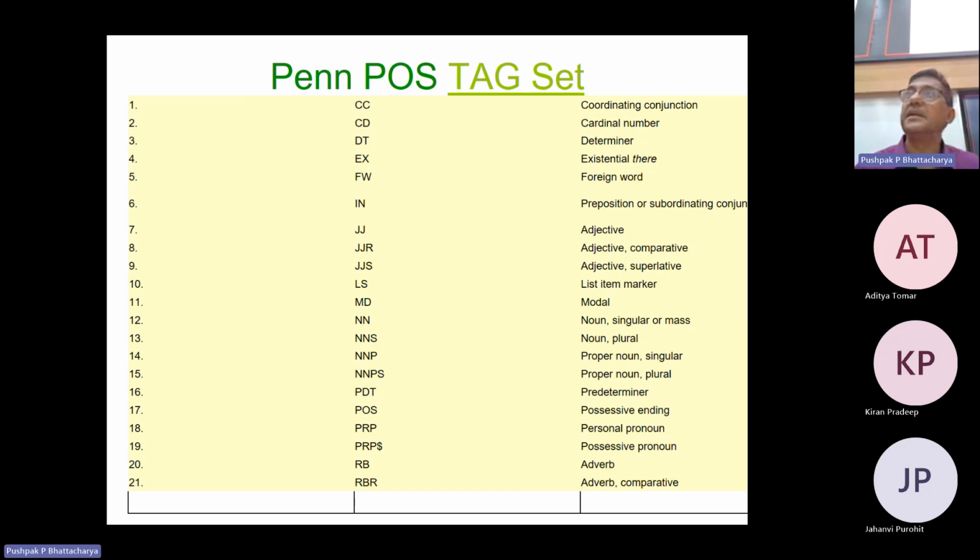DT is determiner. We have already seen. EX is existential there. As an aside, a kind of digression, English sentences can never be without a subject. A subject has to be there. So there is this existential there.